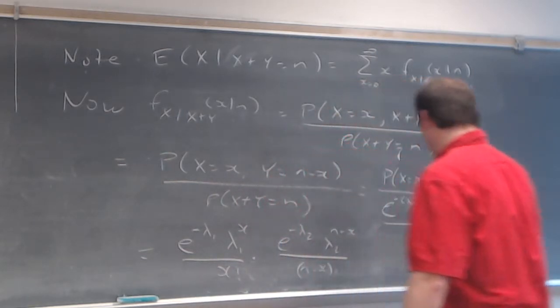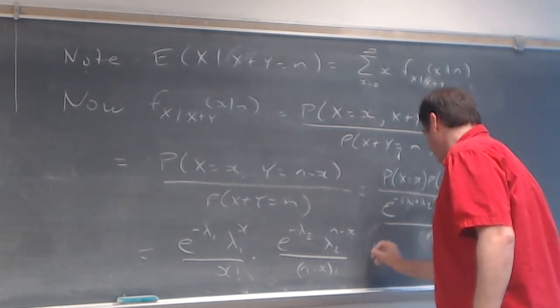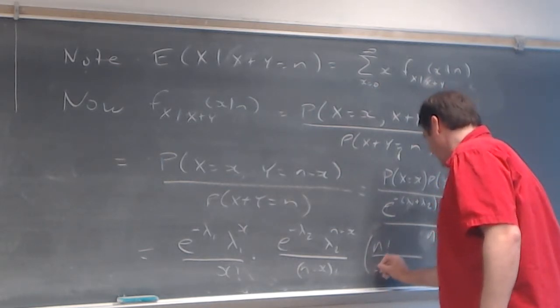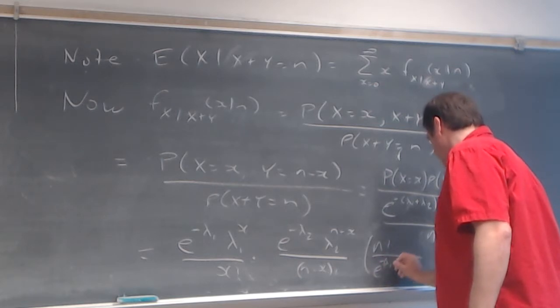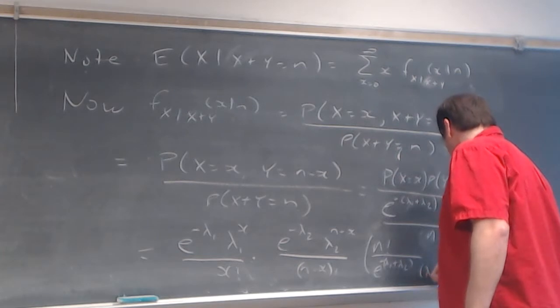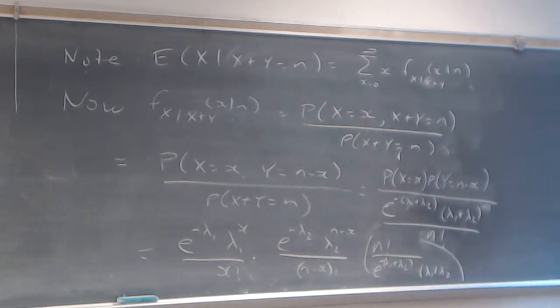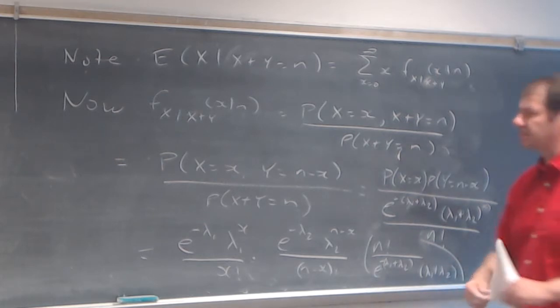And then, because it's being divided by this, I just flip it. So we have times n factorial over e to the minus lambda 1 plus lambda 2, and then times lambda 1 plus lambda 2 to the n. That's what we have. Okay, we simplify that.